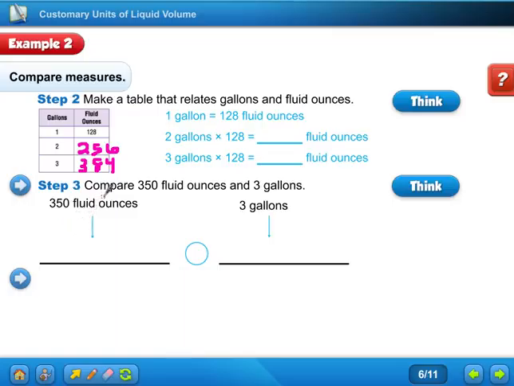So now we're going to compare 350 fluid ounces, tongue twister for me, sorry, equals 350 fluid ounces. 3 gallons equals 384 fluid ounces.